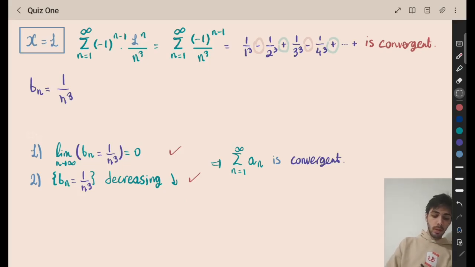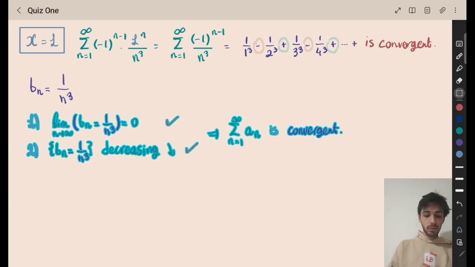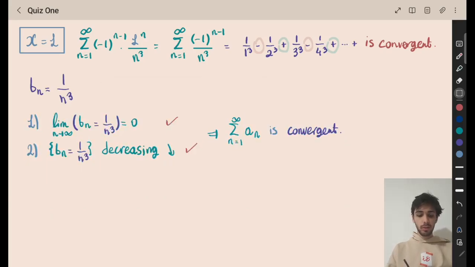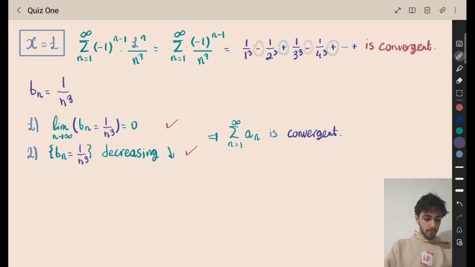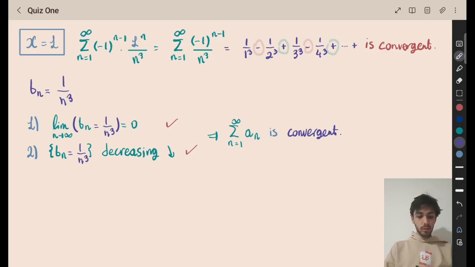Now again, Bn is the part of the series which does not alternate. So it's the, how do you say this? It's the pure part that doesn't really represent the sign, but rather represents the magnitude. So that's about it.